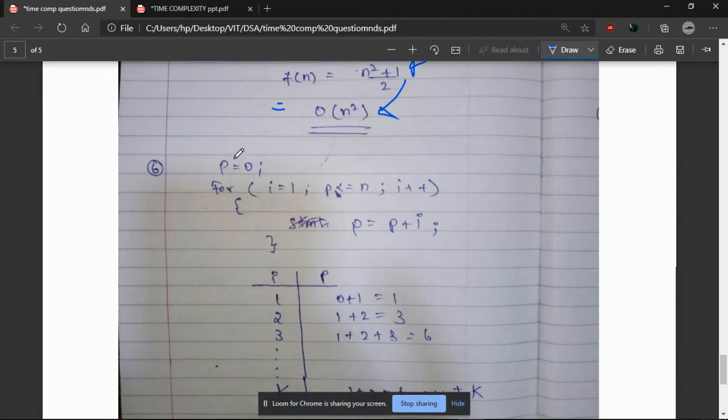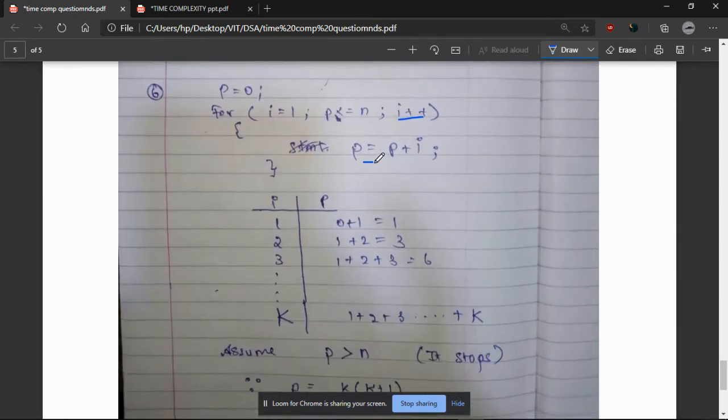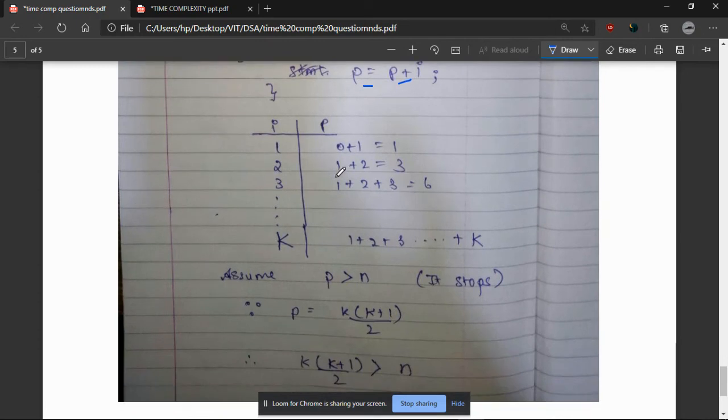Now another example. We have p equals 0, for i equals 1, p less than or equal to n, i plus plus, and the statement is p equals p plus i. So write it: 1, 2, 3, plus 1, again plus 1, up to k times.